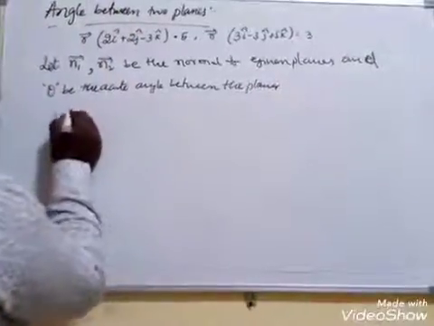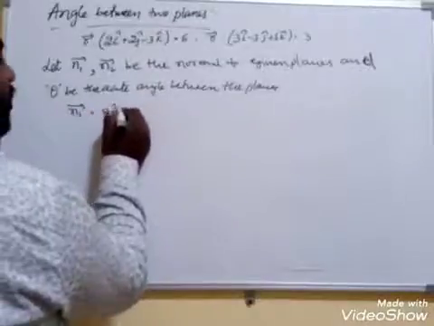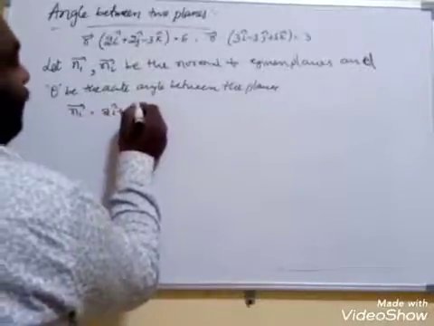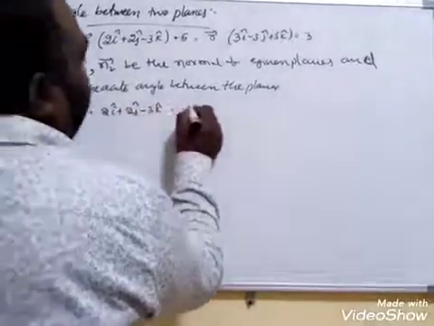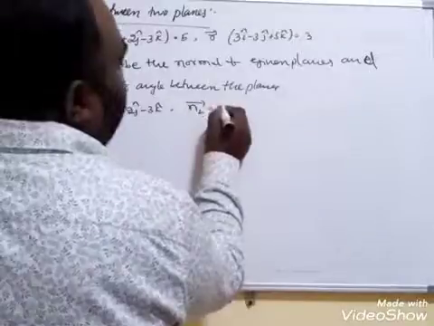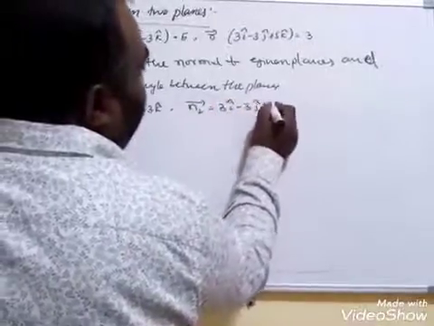Now therefore what you are going to get, n1 bar is equal to 2i plus 2j minus 3k and n2 bar is equal to 3i minus 3j plus 5k.